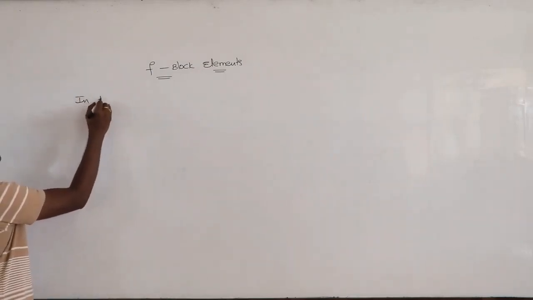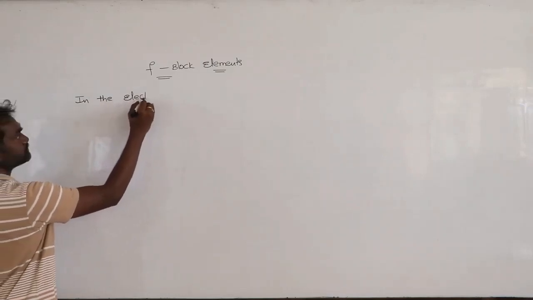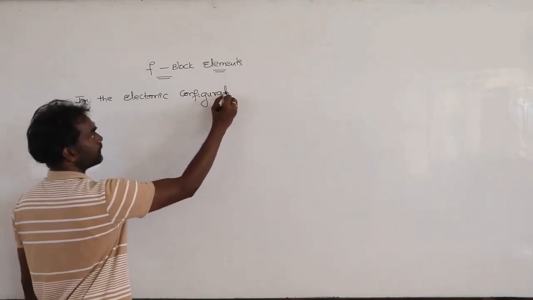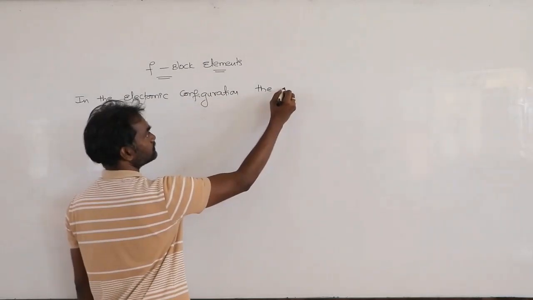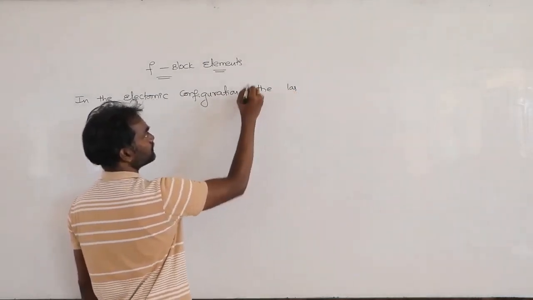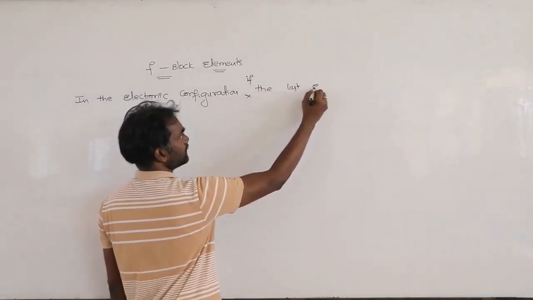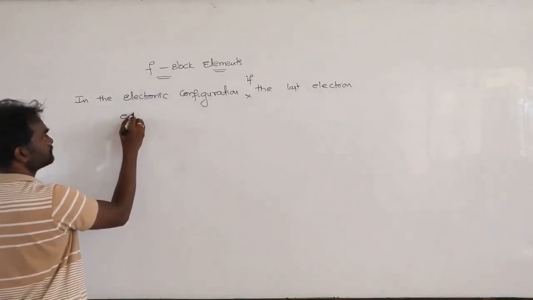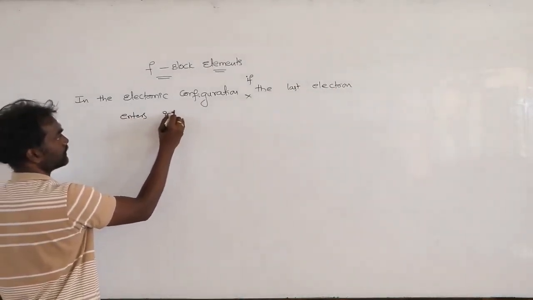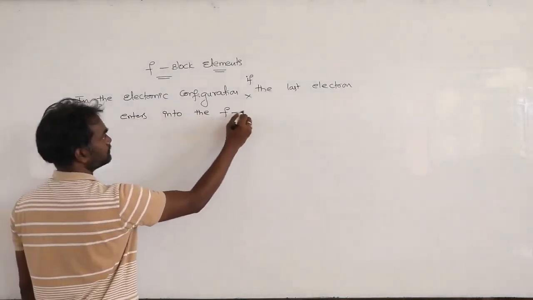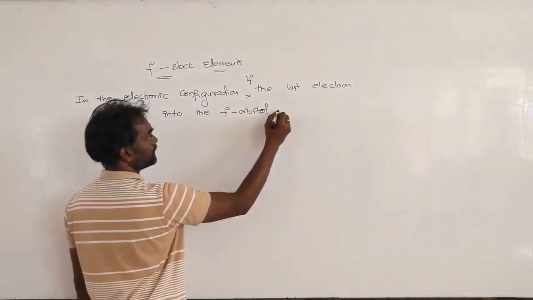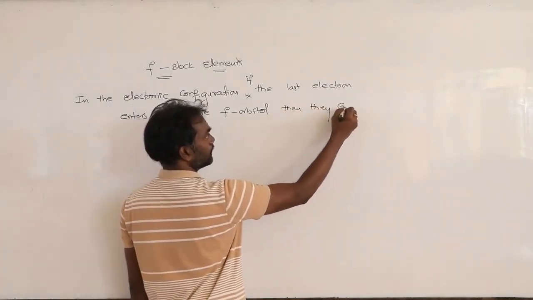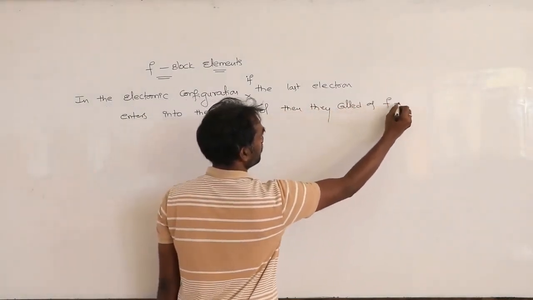In the electronic configuration, if the last electron enters into the F orbital, then they are called F block elements.